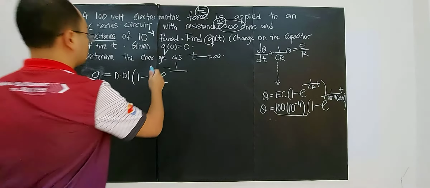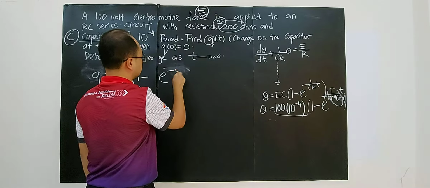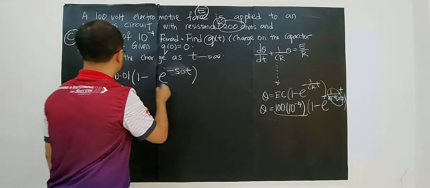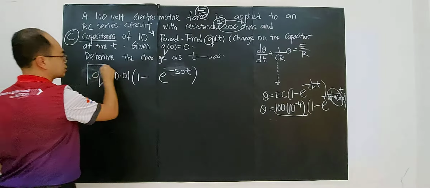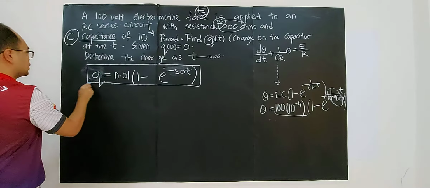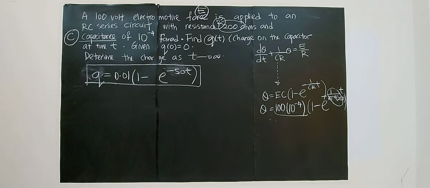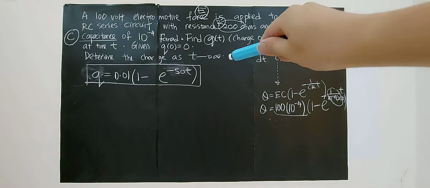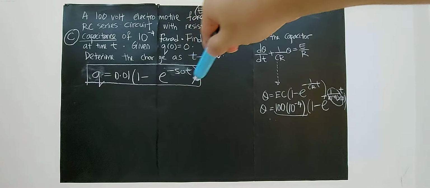This whole thing becomes negative 50t. So this is the formula for the charge on the capacitor.